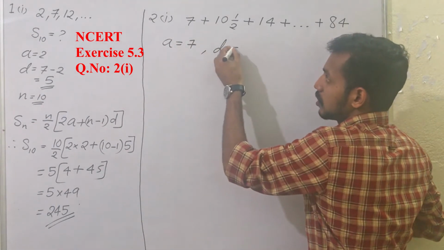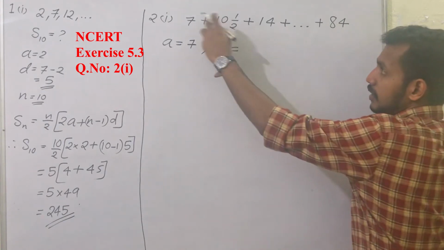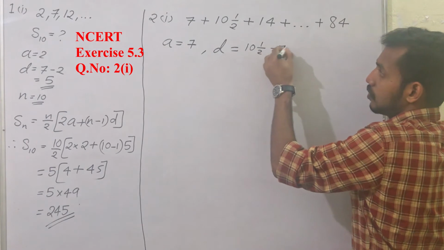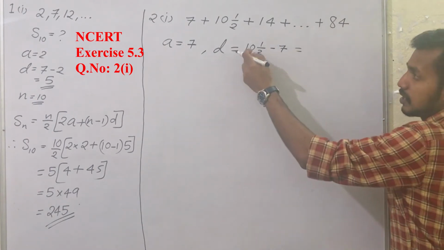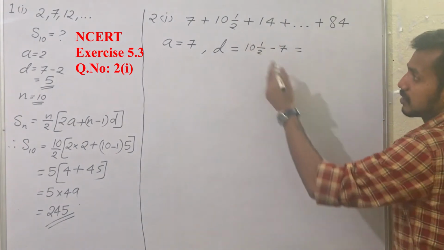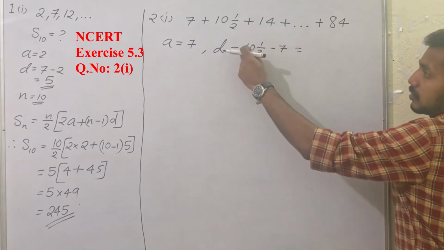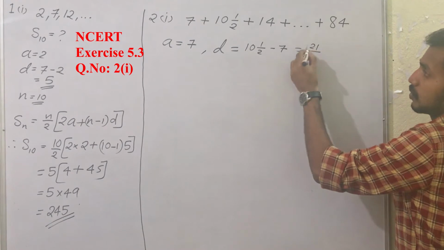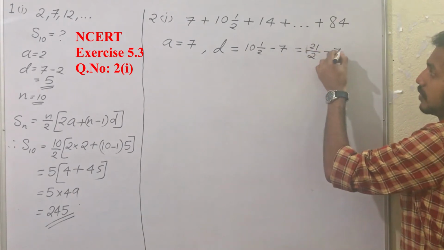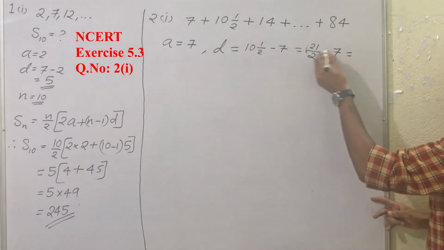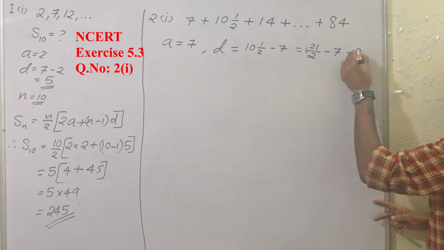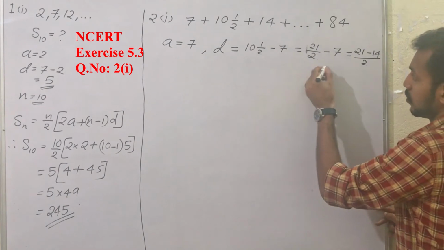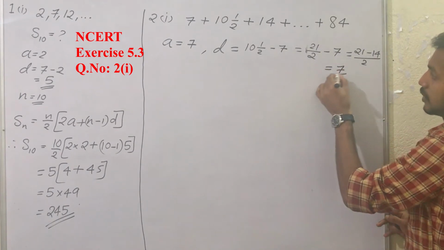It is 10 1/2 minus 7, which is 21 by 2 minus 7 after converting the mixed fraction into an improper fraction. Taking the LCM, we get (21 minus 14) divided by 2, which is equal to 7 by 2.